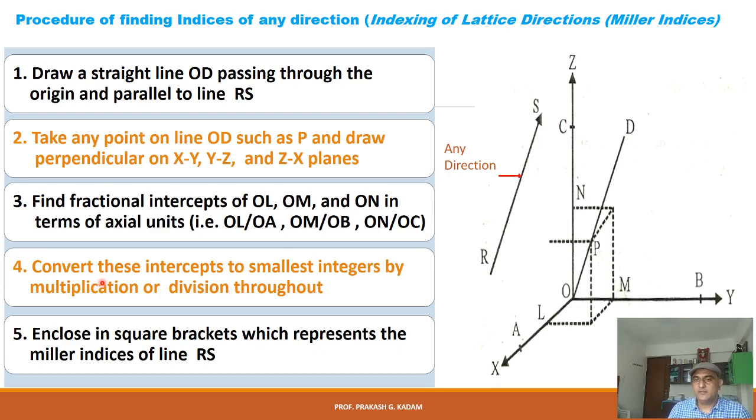After finding the fractions, we have to convert these intercepts to the smallest integers by multiplication or division throughout by their LCM.